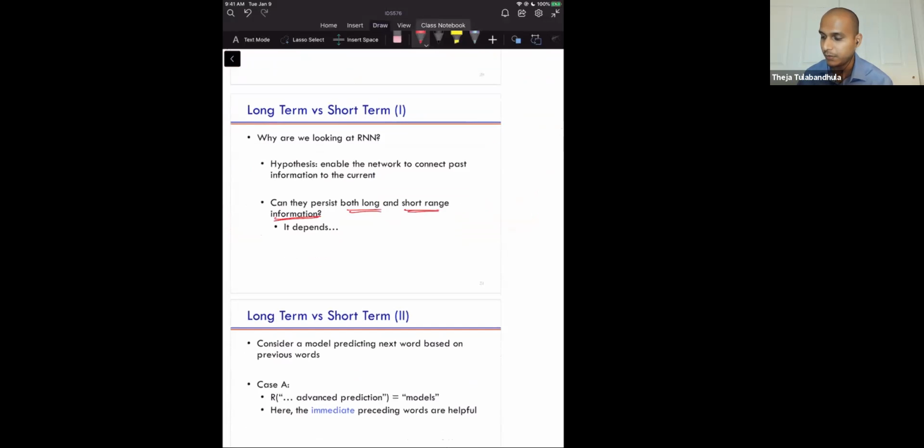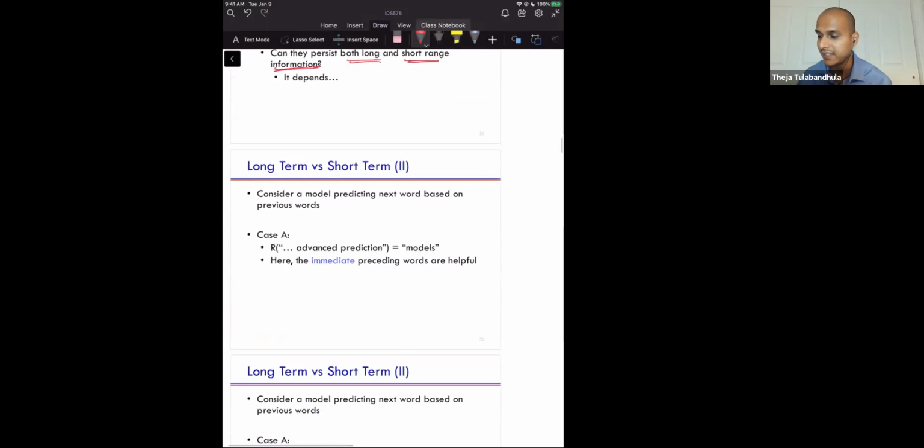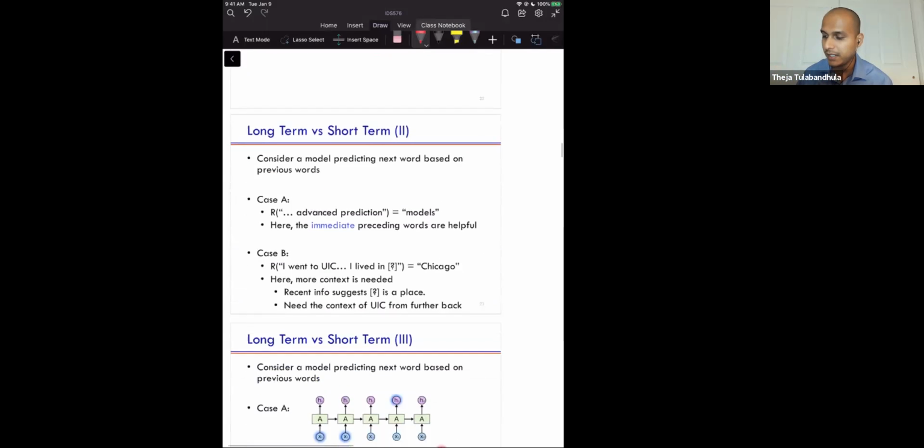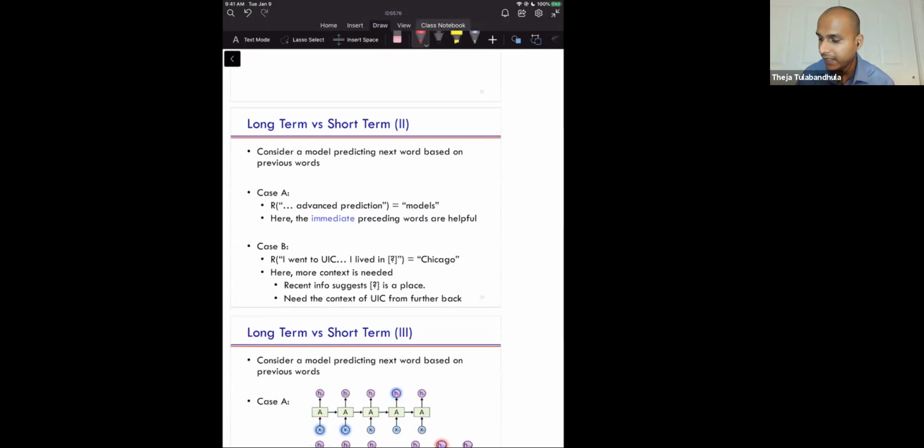So what is short and long-term information? Let's say you look at the previous 2 words, advanced prediction, and then you say the next word is probably models. So the immediate preceding words are useful. But what if there's a sentence that starts with "I went to UIC" at the beginning of the paragraph, and then "I lived in"?